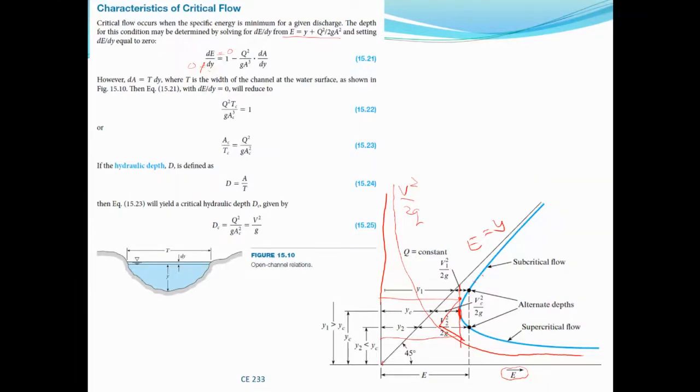So it is minimum in that case. And when you differentiate this, you get this. And when you simplify it, we have hydraulic depth, which is equal to the area over the top width. And when we substitute the hydraulic depth, we find it to be v squared over g.